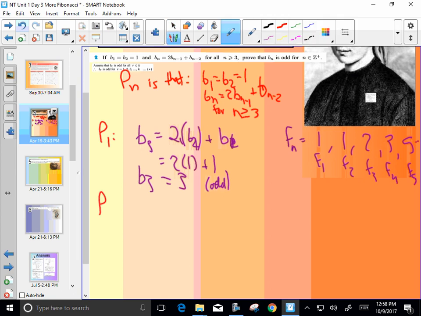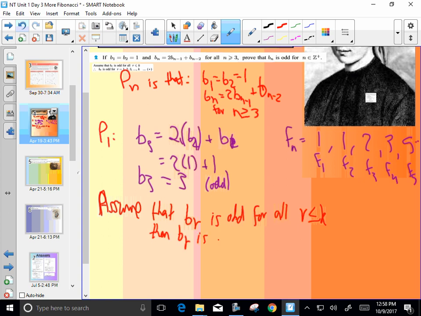Next one, proposition. Now we're going to assume that B of R is odd for all R less than or equal to K. Then B of R is odd for what values of R? 1, 2, 3, I like it, except aren't we supposed to start with 3?